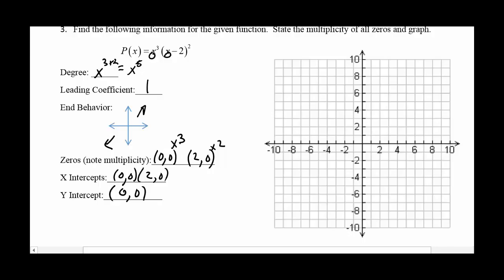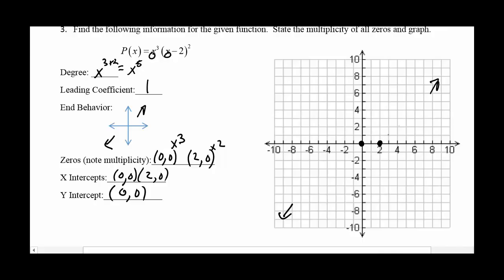Okay, at this point we're going to plot all we know. I know it goes through 0, 0. I know it goes through 2, 0. I also know that it's got to go up in the first quadrant, and it's got to come down in the third. And because of multiplicity, I've also got a couple of rules.